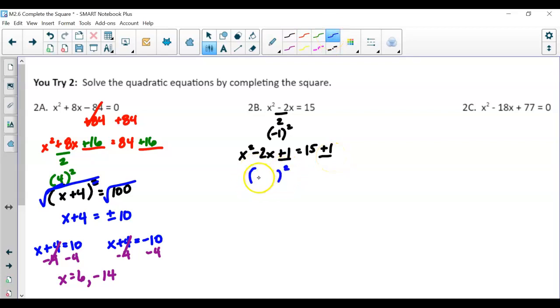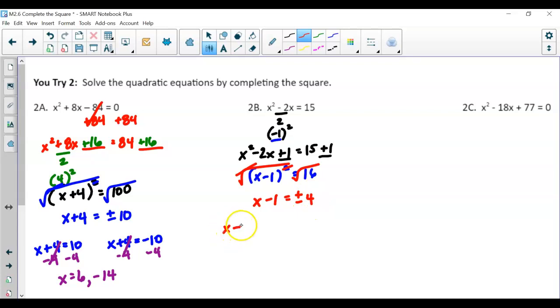Then you should have written what goes inside your parentheses here to write it as a perfect square. Negative 1. x minus 1 squared is equal to 16 from 15 plus 1. Now you can go through and start solving for x by taking the square root, and you've got x minus 1 is equal to positive or negative 4.